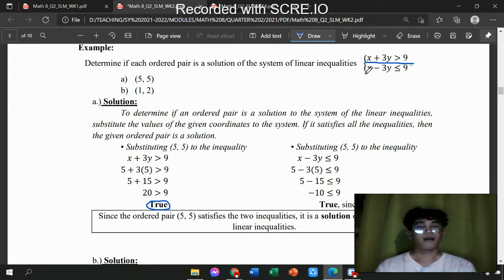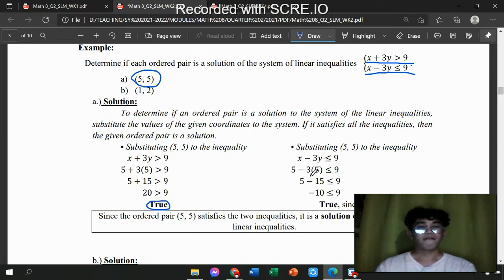How about the second inequality? Kaning x minus 3y is less than or equal to 9. So ato gihapong i-substitute ang 5 and 5. So again, x minus 3y is less than or equal to 9. Ang x na to, 5, mahimong 5 minus 3, ang y mahimong gihapong 5, is less than or equal to 9.